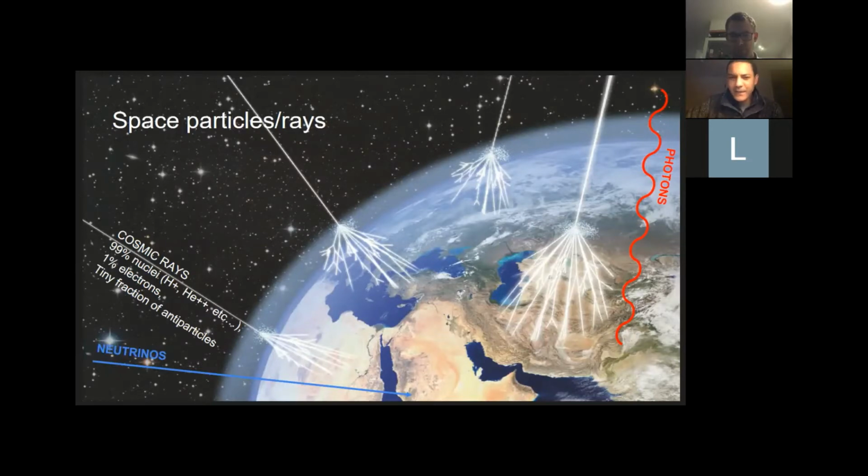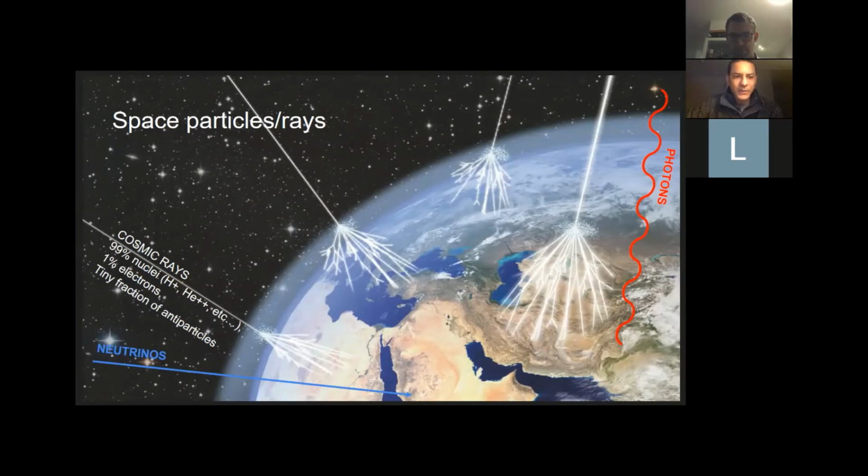About 9% are the second lightest element, which is helium. Physicists usually refer to helium nuclei as alpha particles. And then the rest, a tiny fraction, will be heavier elements, all the way up to, for example, iron and even beyond.